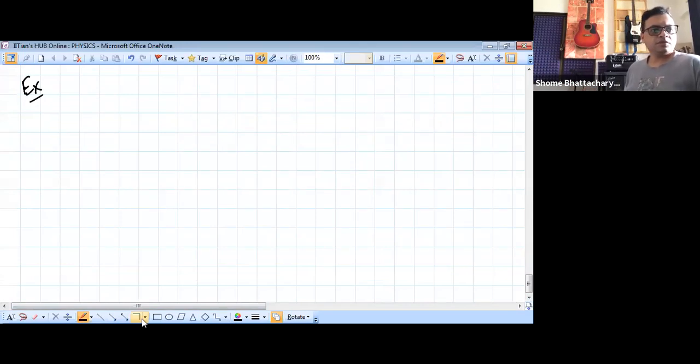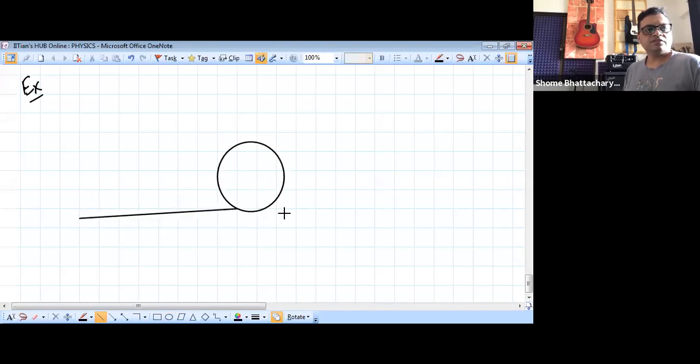So in this example we have a cylinder like this. It's lying on a rough surface.